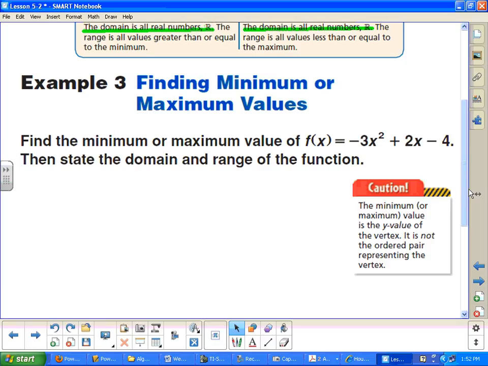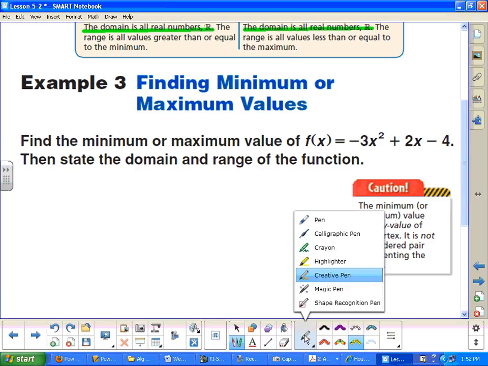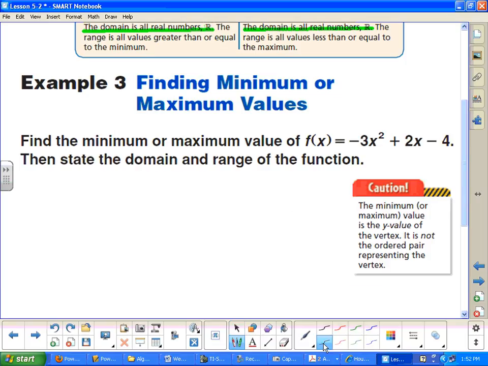We find the value of x. So to find the vertex, we're looking for (h, k). h is found by doing negative b over 2a, right? That's the x value for the vertex. Axis of symmetry. They're the same thing.